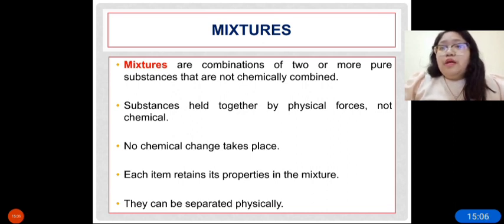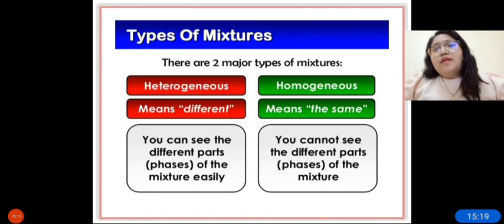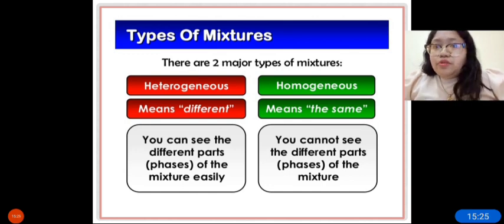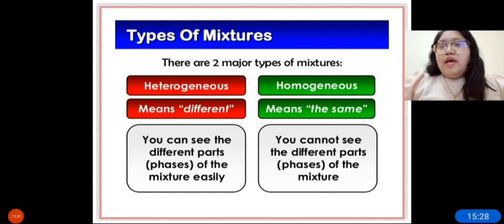Therefore, in a mixture, no chemical change takes place. Each item retains its properties in the mixture, and they can be separated physically. Alright, so speaking of the two types of mixture, we have the heterogeneous, which means different, and homogeneous, which means the same.